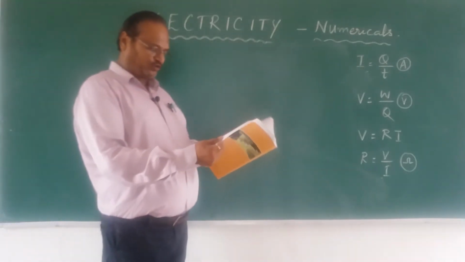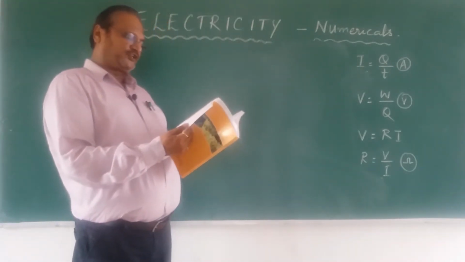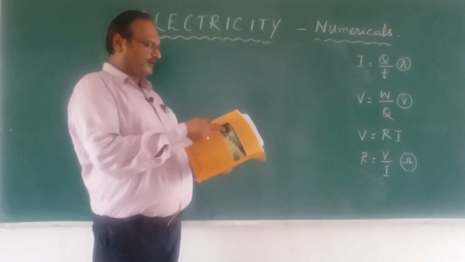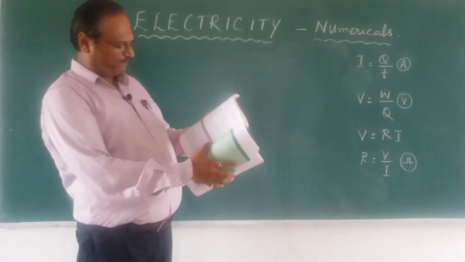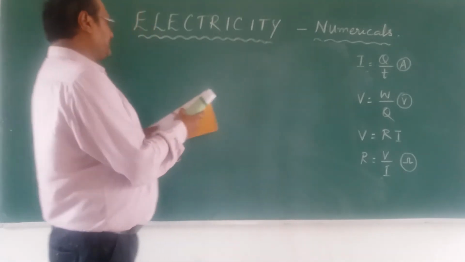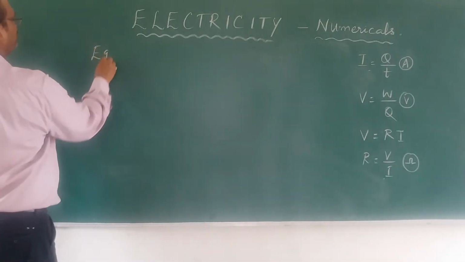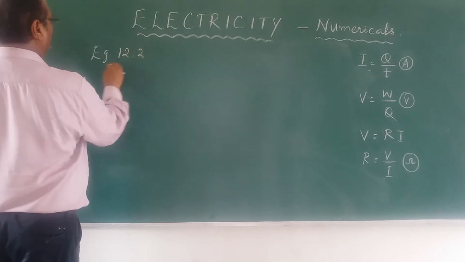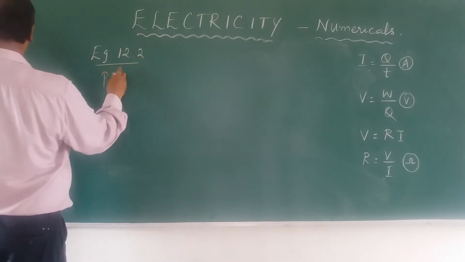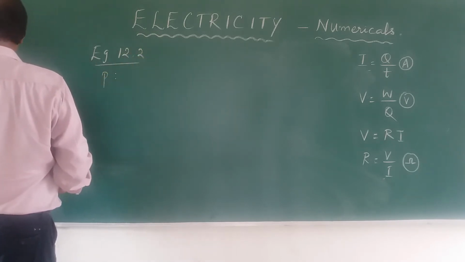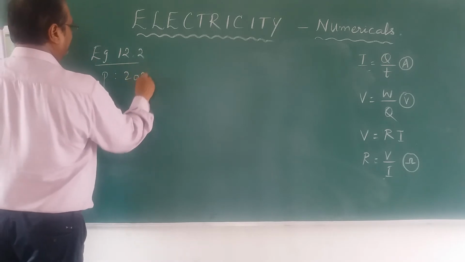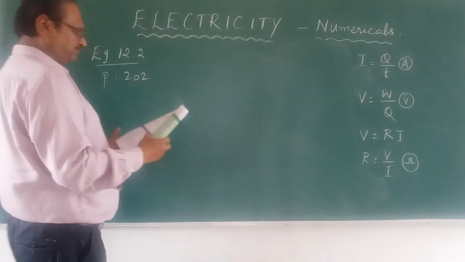You have in the book 201, electric potential and potential difference. Then you come to page 202, example 12.2, that is in page number 202.